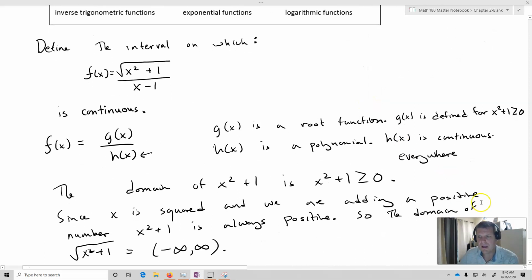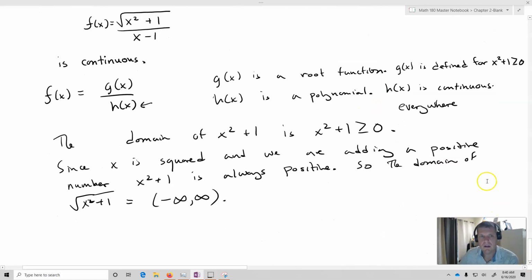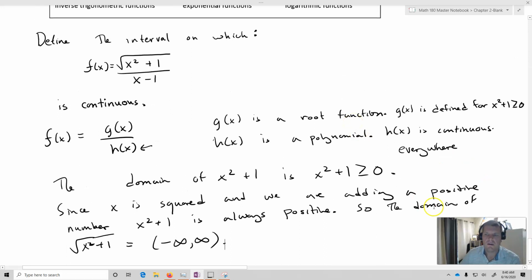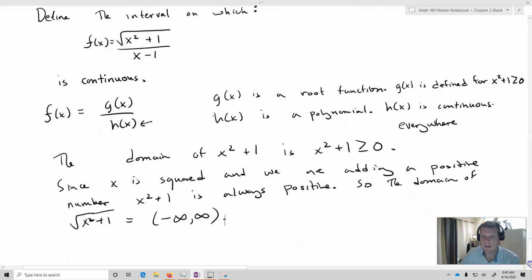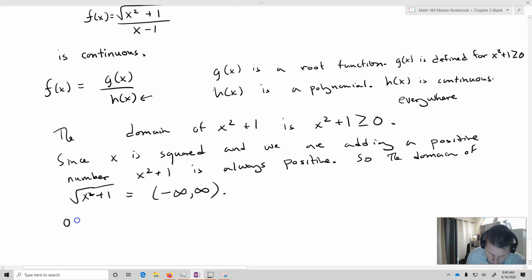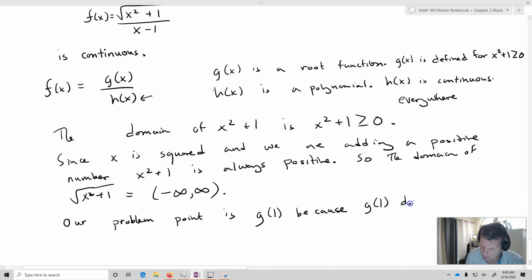So our problem point is x equals 1, because g of 1 does not exist. So we've got a problem there.